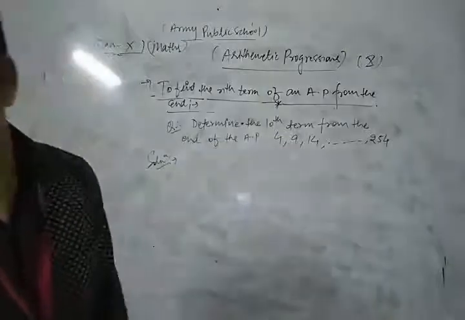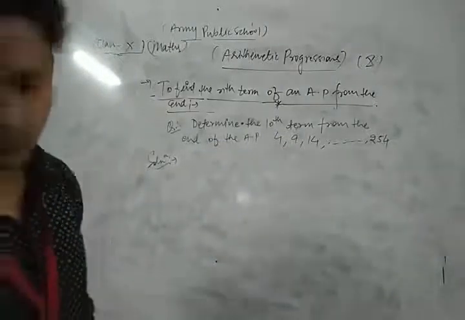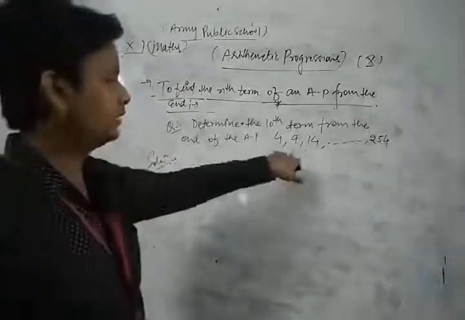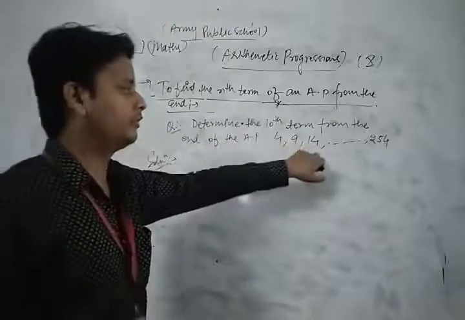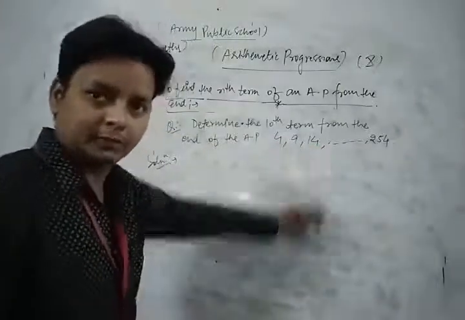First of all, we write the given AP. Because 4, 9, 14 have the same common difference, it is an arithmetic progression.